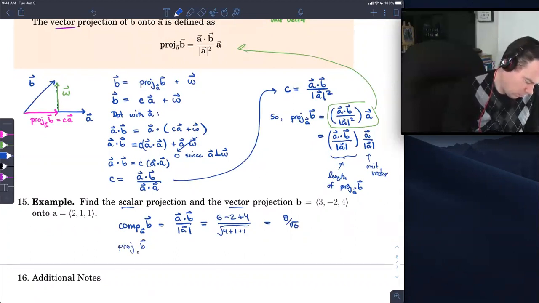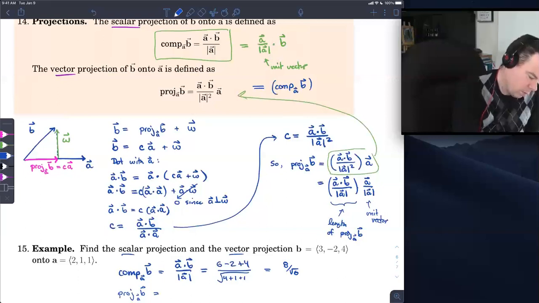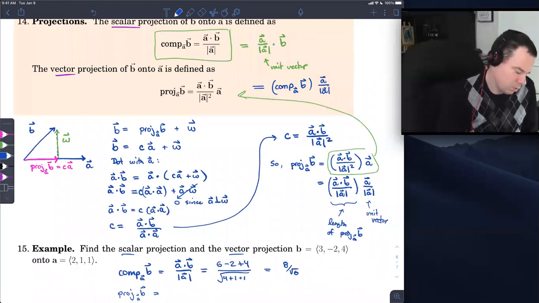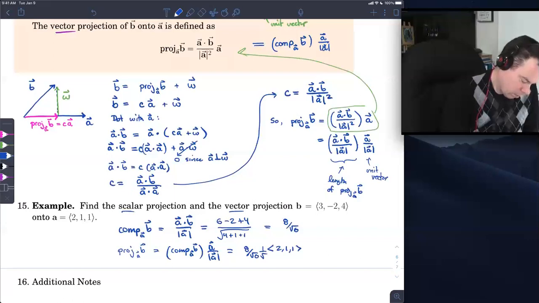And then we've got to work out the projection vector. Now we could try to do the same calculation again, or one thing we can note is that the projection vector, since I already worked this value out, is the component of B in the direction of A times the unit vector in the direction of A. That's just moving one of those magnitudes underneath A. And so we can work it out as the component of B in the direction of A times A over the magnitude of A, which is equal to 8 over root 6 times the vector A, (2, 1, 1), and then we're also going to divide by the length of that, which is another 1 over root 6.